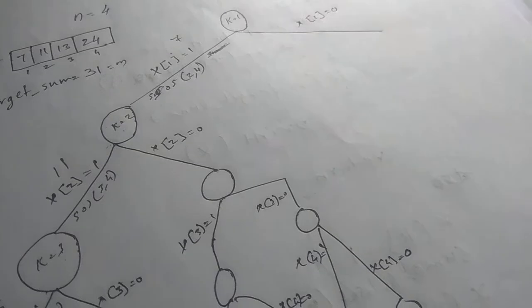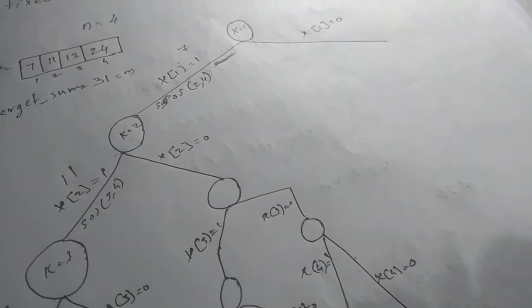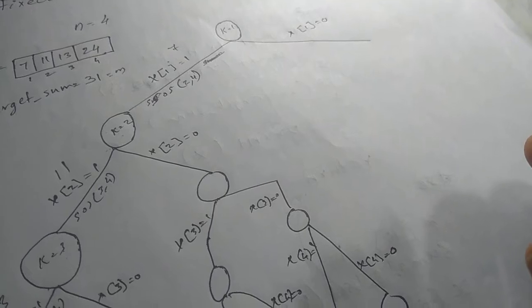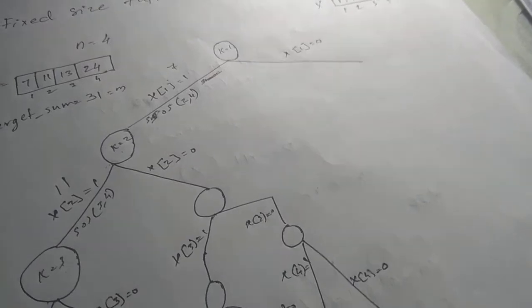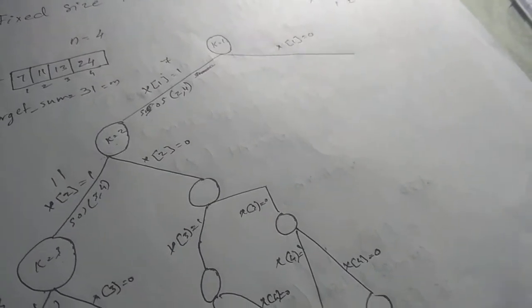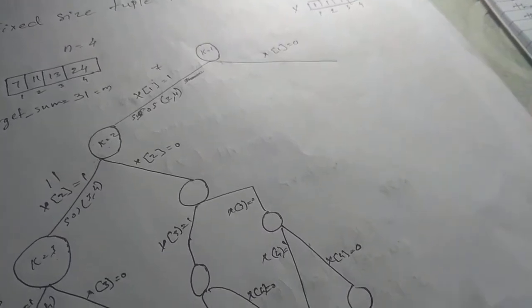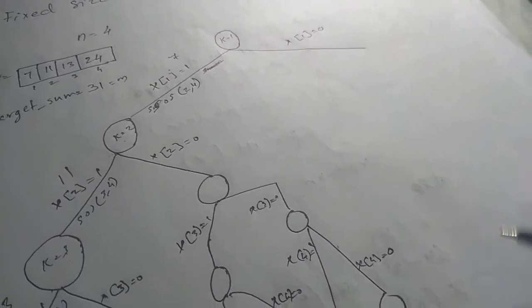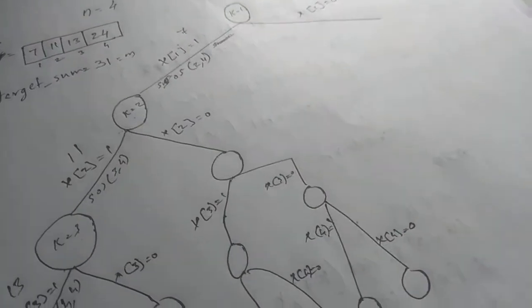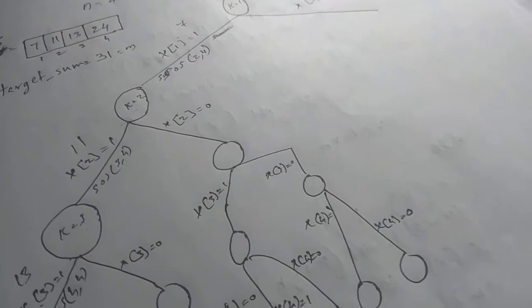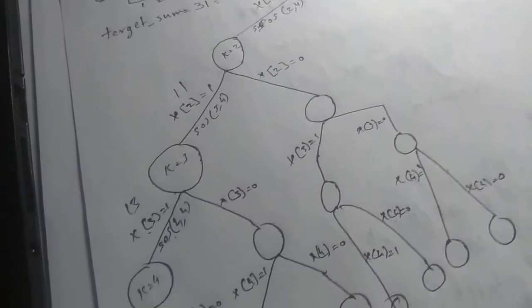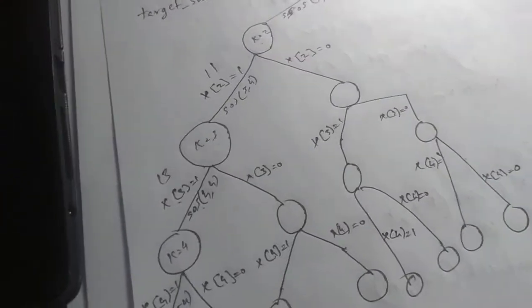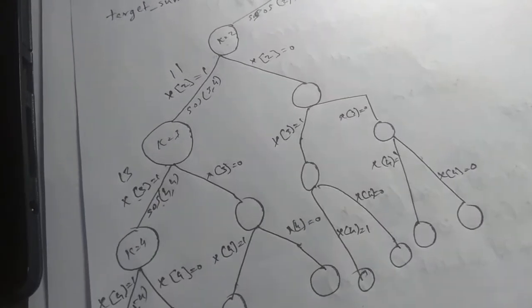So the sum up to considering the k elements, if we add the k plus 1th element to that, if it is greater than our target sum, then we can say that sequence is not promising. We can kill that node, or we will never generate the nodes beyond that. Okay, in that way we can reduce the number of nodes. We can make the algorithm fast. Okay, let us see the algorithm for this.